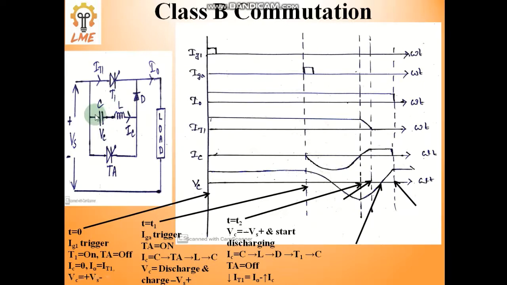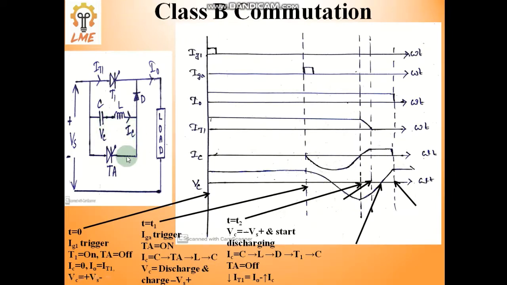So in this way the capacitor tries to discharge from this terminal, through LD, and starts discharging. The capacitor current starts flowing again in the opposite direction and the capacitor voltage goes down. In this case, the auxiliary thyristor is automatically turned off with the help of this capacitor, because the left side is negative and the right side is positive.